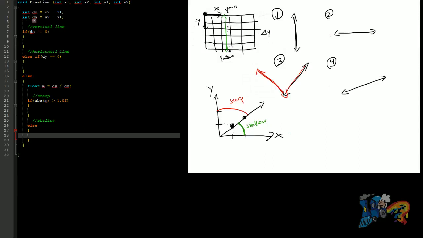Let's say y min equaled 0, which it does in our coordinate system in this example, and y max was 5. Then delta y is 5 minus 0, which is 5, which is also equal to the number of pixels we're going to set, which is 1, 2, 3, 4, 5 pixels.